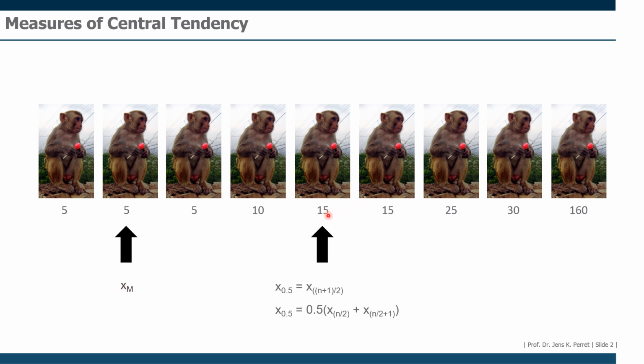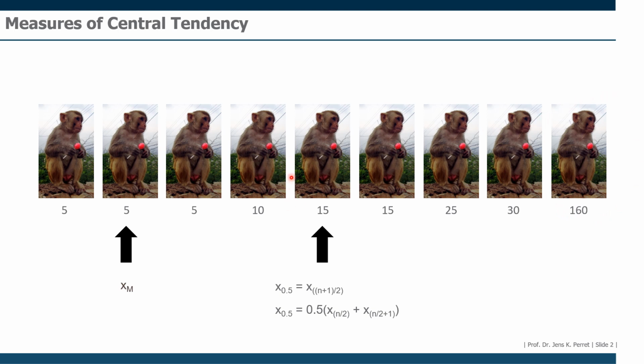If I were to have one more monkey or one less monkey, this would look differently. Then I would need a different formula. So for, well, explanatory reasons, let's assume this monkey is not part of our data set. So we only have 8 monkeys.